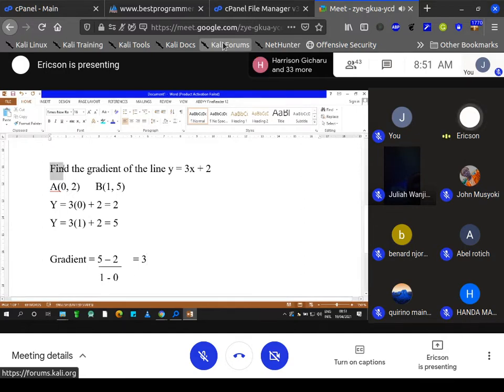So that's how you do such a question. Again, when you are calculating the gradient, you have the change in y, you divide it by the change in x. And the format in which you are writing the gradient: when you pick the coordinates to start with, make sure the y values come first.